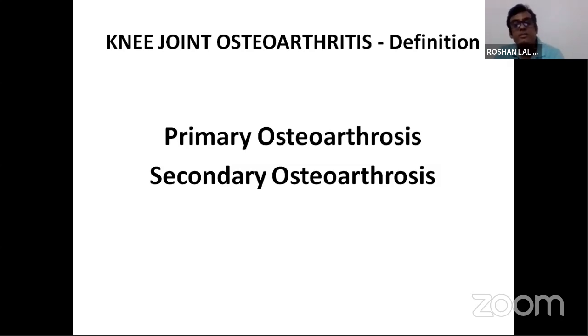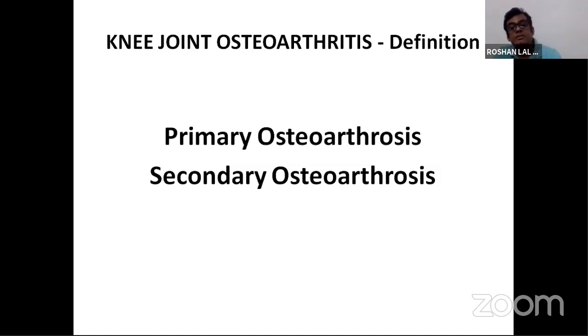In some individuals, primary osteoarthritis may occur at the age of 50 or 55 or 60, and some individuals may show symptoms after 60 or 70 years. So the process can be delayed, but all individuals experience primary osteoarthritic changes if they live long.